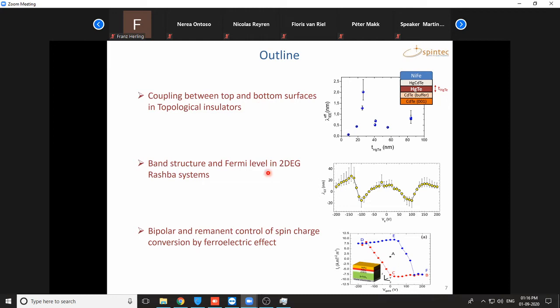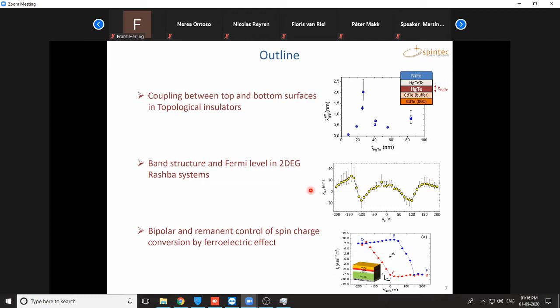In Rashba systems, in oxides, we can take benefit of the complex band structure and tune the Fermi level through a gate to have quite interesting features in the conversion, and some modules will be able to tune the conversion.